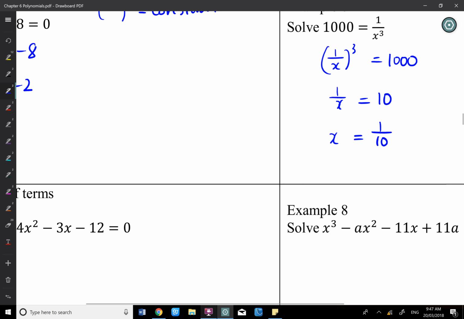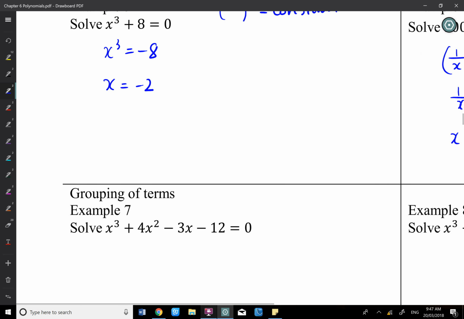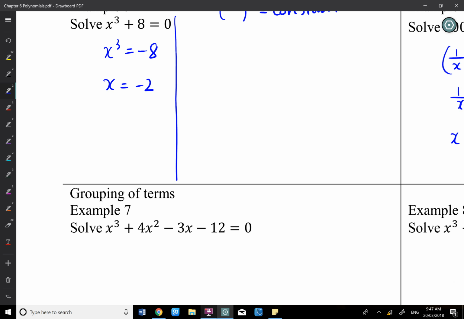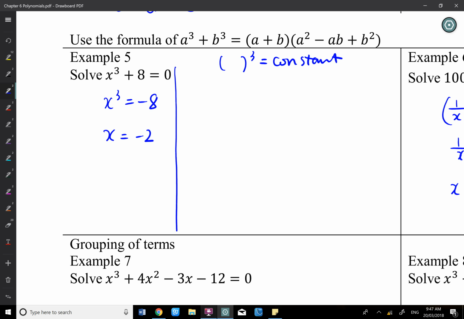But there's another thing we need to think about. If we factorize it and then solve for it, we should have the same answer. Also, I want you to revise the factorization of a cubed plus b cubed and a cubed minus b cubed.